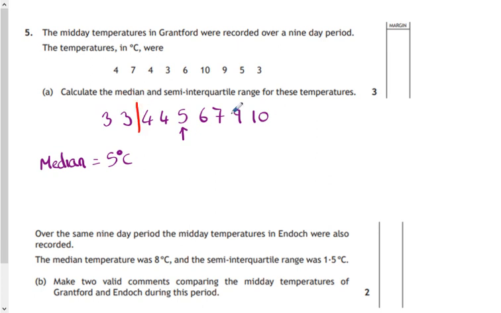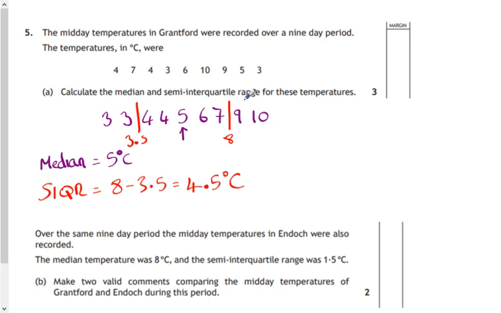So the middle of there and the middle of there. We get 3.5 and 8. So our semi-interquartile range is going to be 8 minus 3.5, which is 4.5 degrees Celsius. And I almost wrote 5 there.